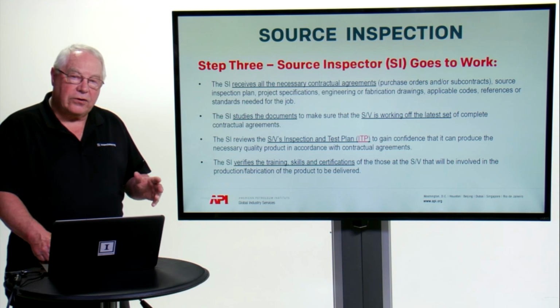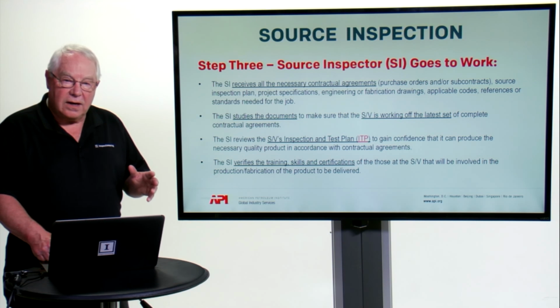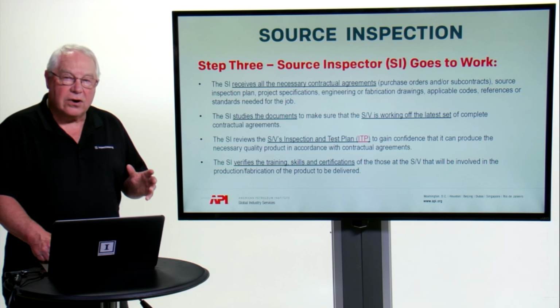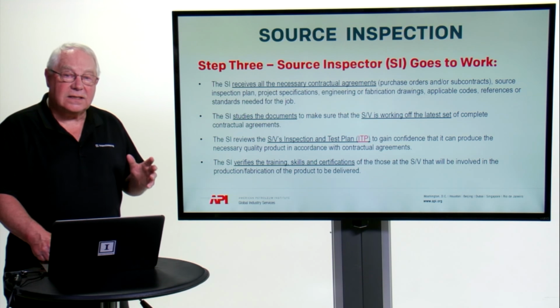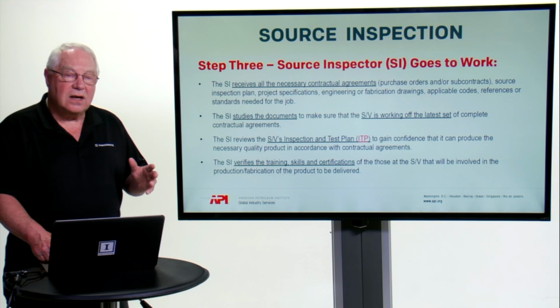The source inspector then takes those documents, studies them, and completely familiarizes themselves with whatever requirements and expectations are included, and also makes sure that the supplier vendor is working off the latest set of those documents. Because typically it takes several phases.